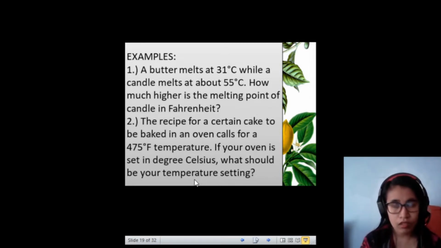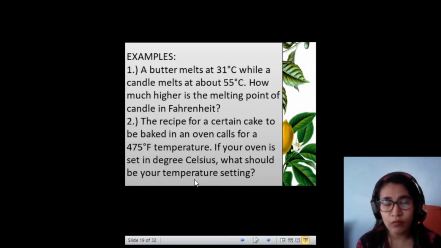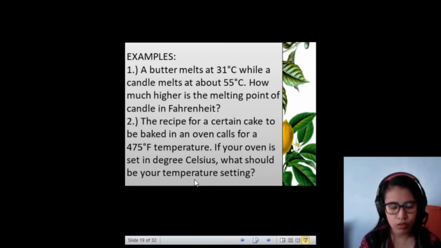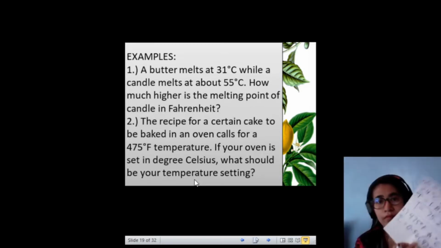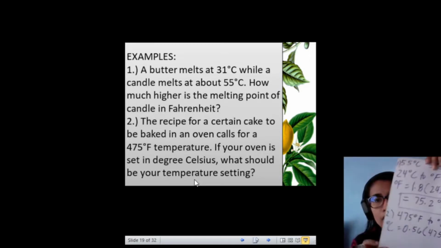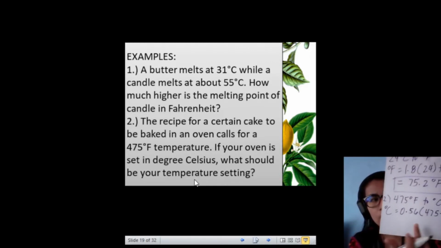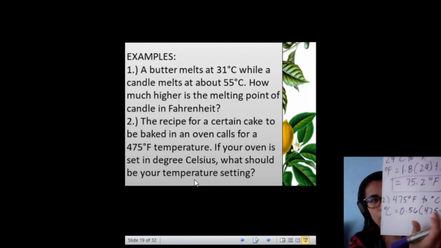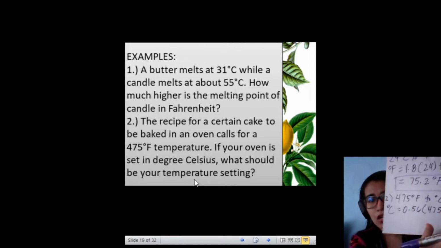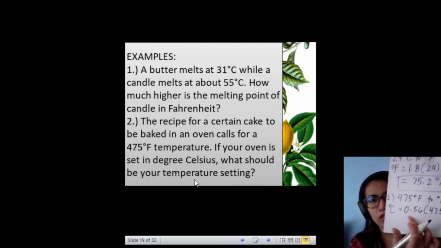Again, following the decimal formula, we have the 5/9. That 5/9 can become 0.56. So we're going to use that 0.56 times the 475 minus 32. This time you need to first subtract 32 from 475 before you multiply it by our 0.56.